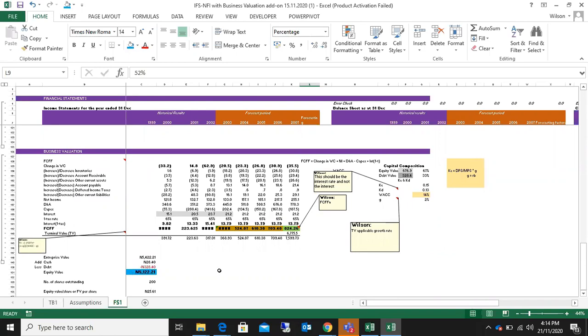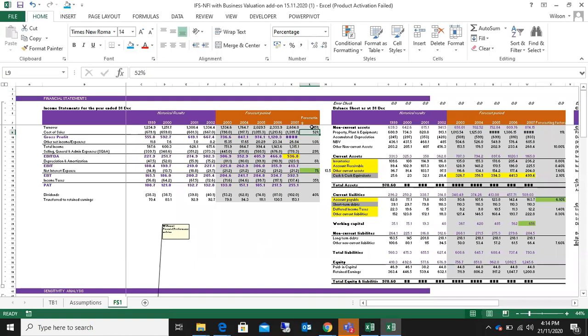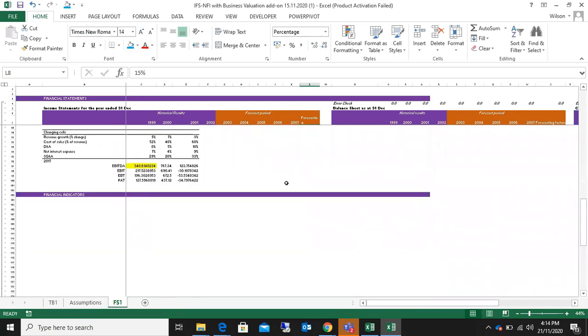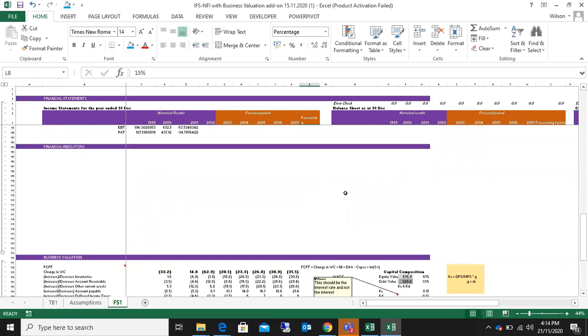Equity value increased because, of course, when we increase the forecast of the revenue, it's a positive effect on the business, right? A positive effect on the business is going to have a positive effect on the value of that business, and that's why the equity value is high. What was the equity value before? Now it is what?